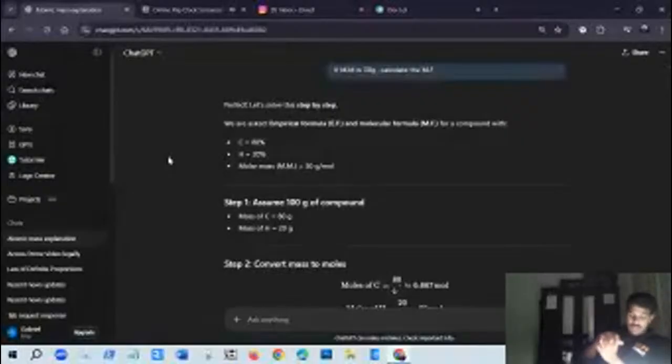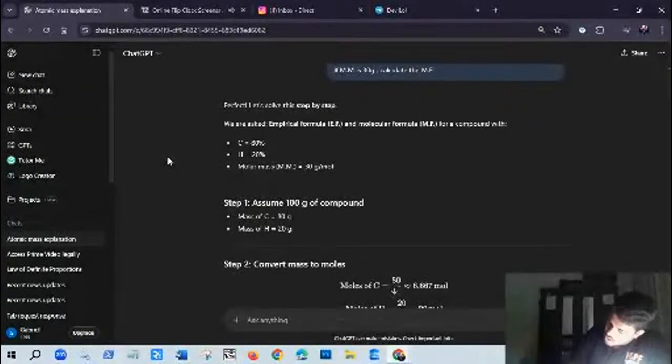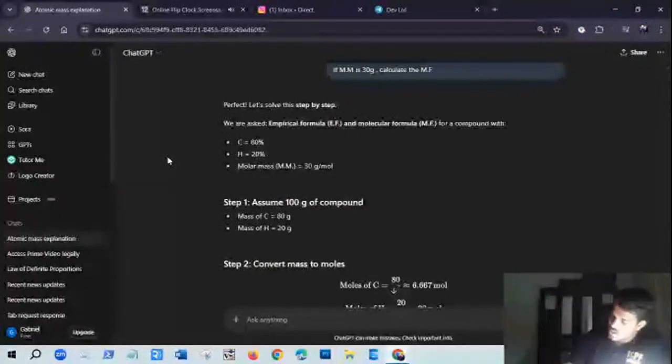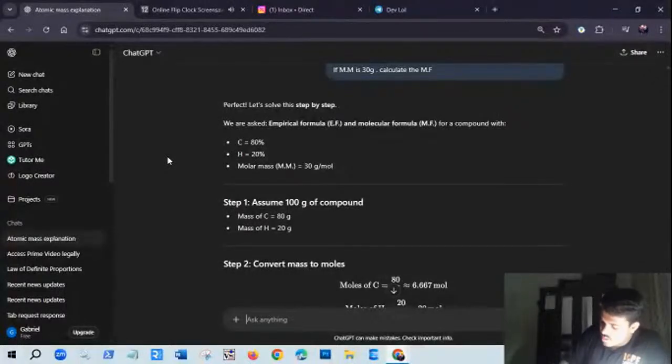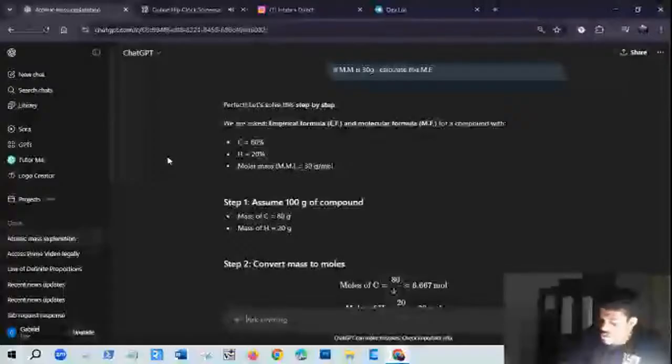Keep that molar ratio there. So here hydrogen is next. 20 is the mass of the element, atomic mass 1, so 20 by 1 is 20. We take the smallest, and then we do the simple whole number ratio.